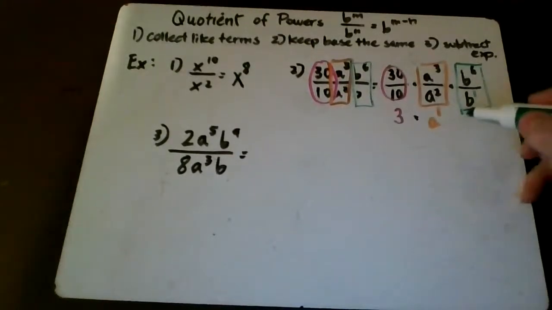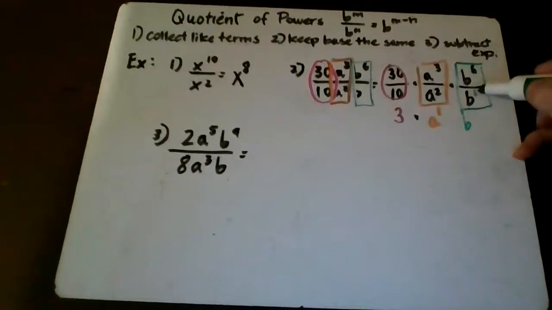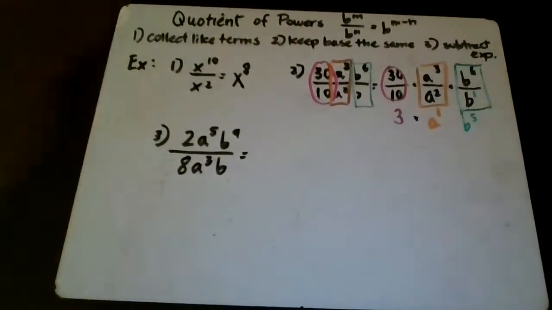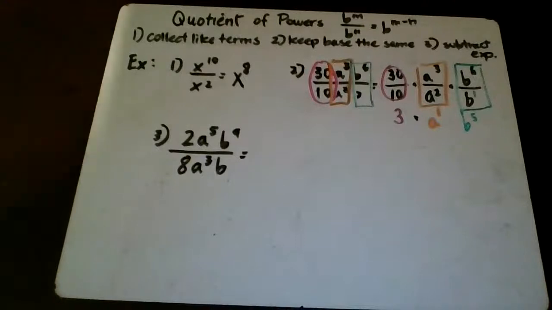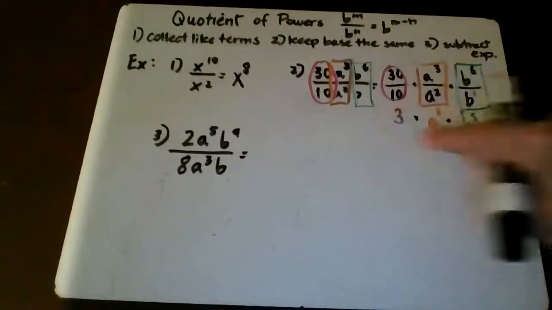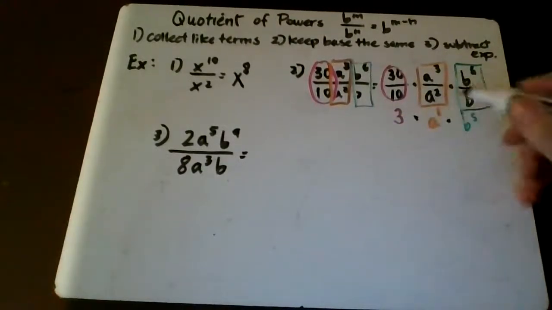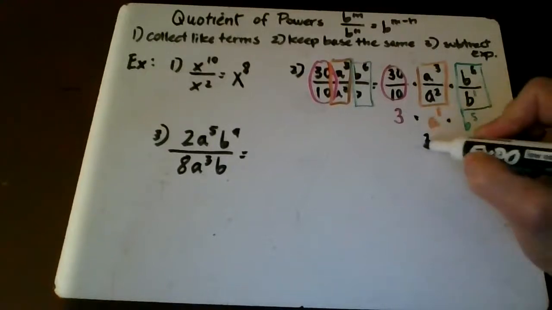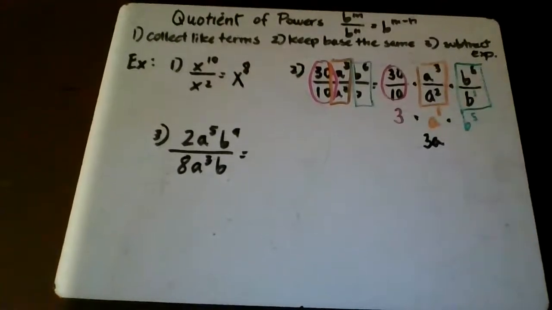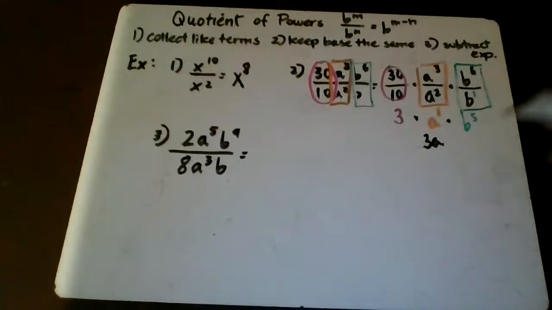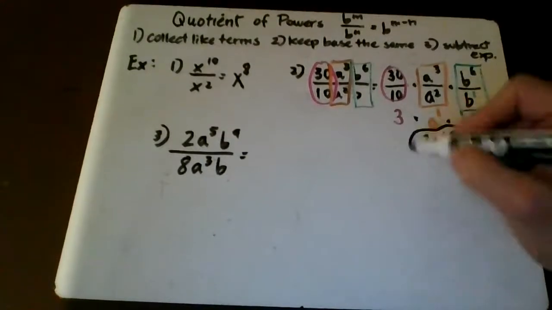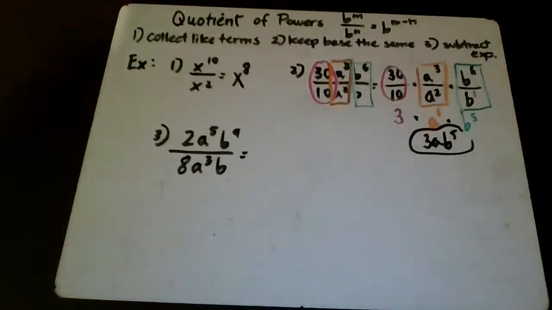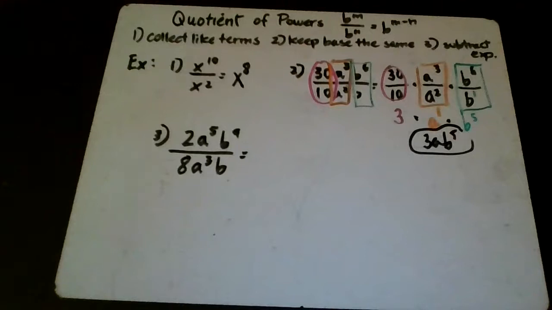So I keep the base the same, and I subtract 6 minus 1, which gives me 5. Now I just multiply those together, and there are no like terms to collect, so I just do 3a. I probably wouldn't put the to the first, because we know it's to the first. b to the 5th. Done. Let's look at another example.